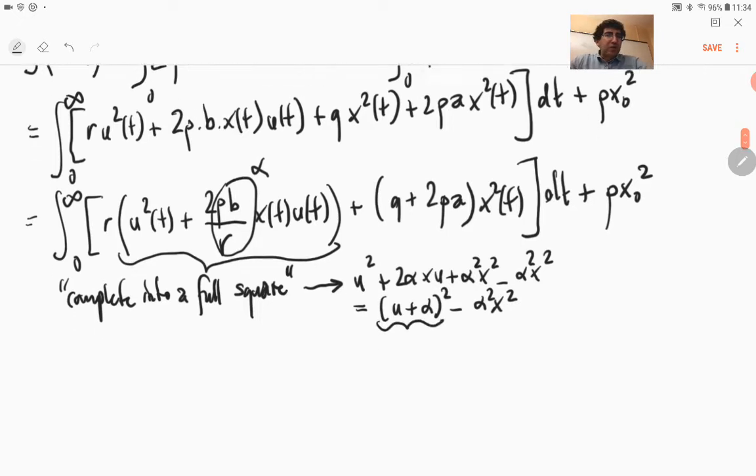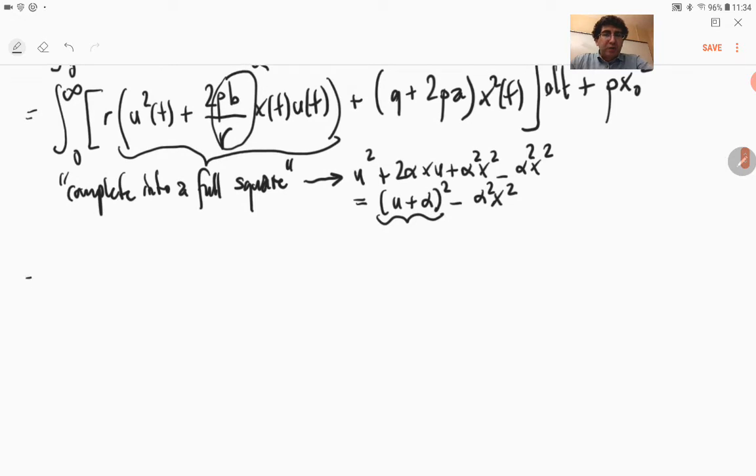If we apply this to our cost function, what we get is the integral of r times parentheses, where we have the full square, that means u of t plus pb over r x of t, squared.